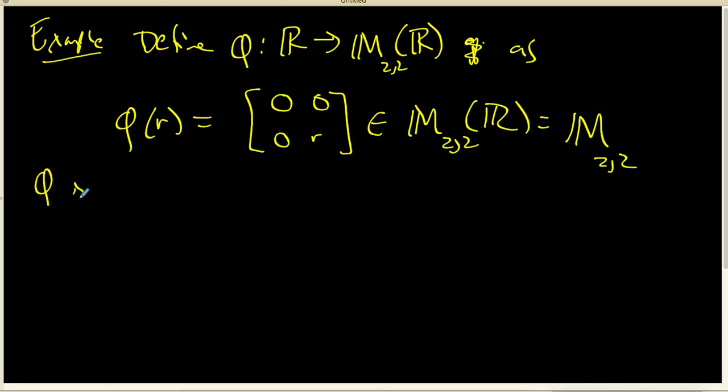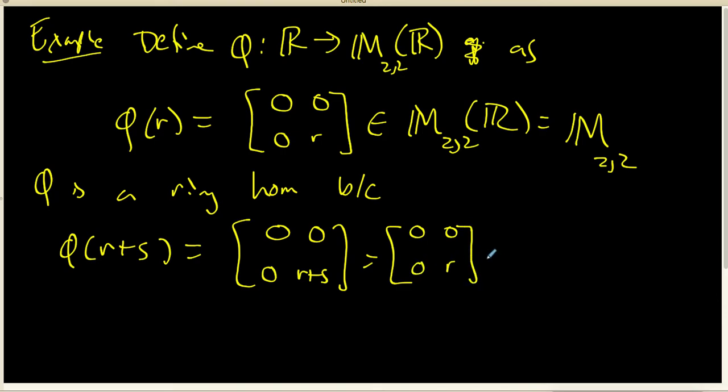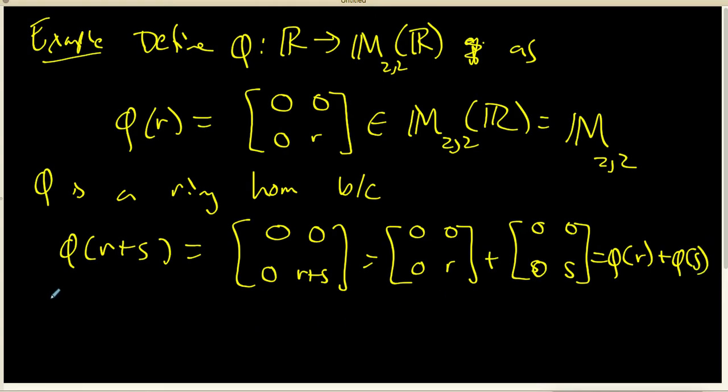Now, phi is a ring homomorphism because, first of all, R is a ring. It's a field, but that means it's a ring. And if I look at phi of r plus s, that's just going to be the matrix 0, 0, 0, r plus s. And a bit of matrix computation gives us phi of r plus phi of s. So we have that phi preserves addition.